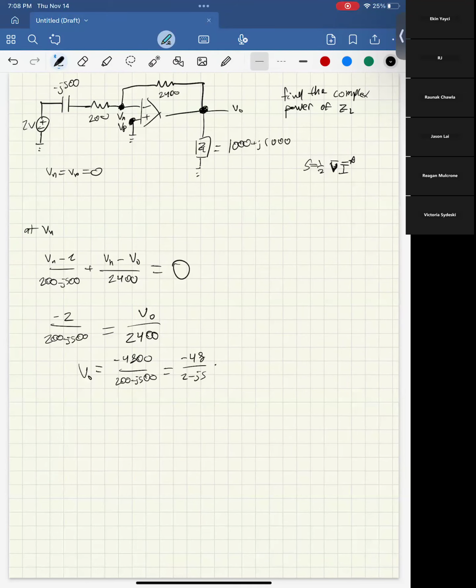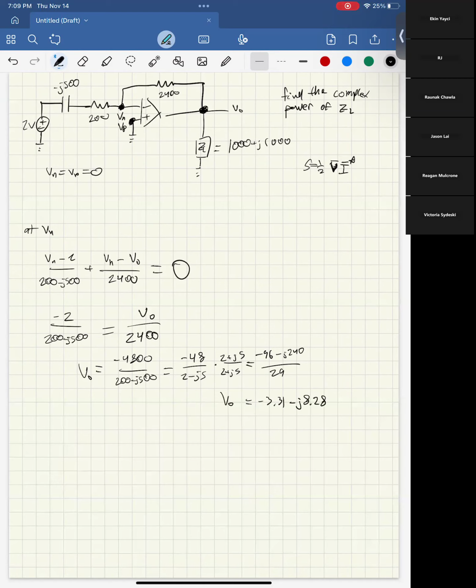Then multiply this by 2 plus J5 over 2 plus J5. We get -96 minus J240 over 2 squared plus 5 squared, which is 29. That's a scary number. But anyway, then you just do the division and you'll get -3.31 minus J8.28 for V out.